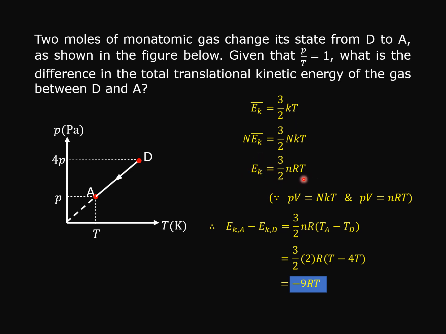It depends on T. So from state D to state A, the temperature drops from 4T to T. Therefore, the total translational kinetic energy of the gas would also reduce. That's why we have this negative sign. If we take the final EK, or total translational kinetic energy, minus the EK for the initial state, which is state D, we will get the negative sign here.